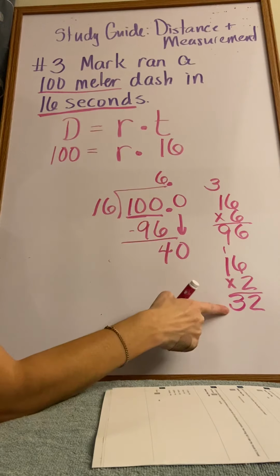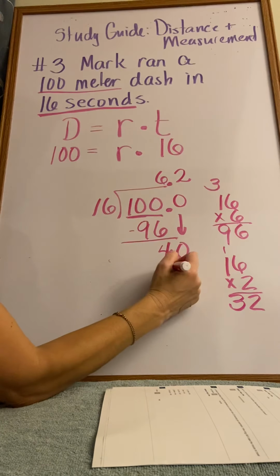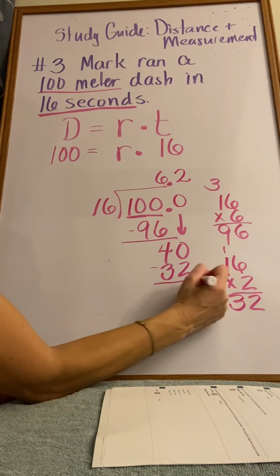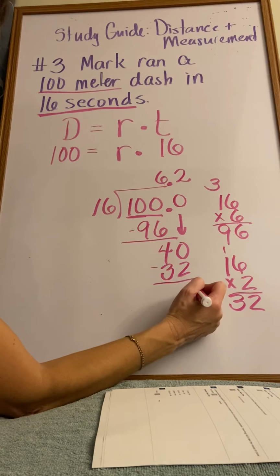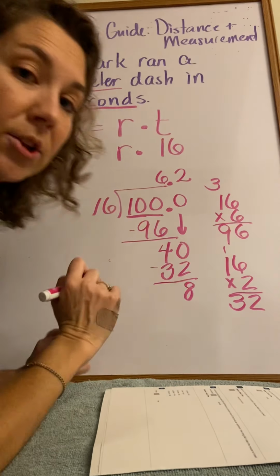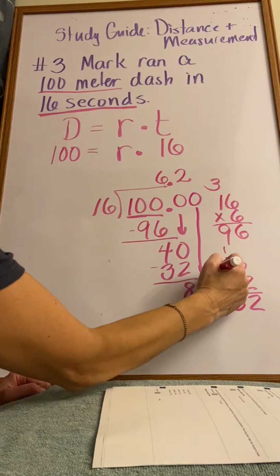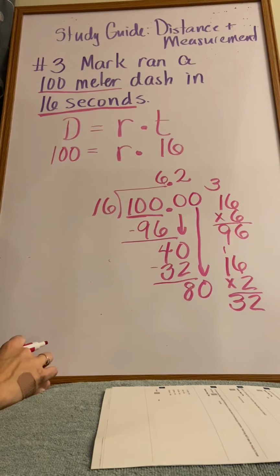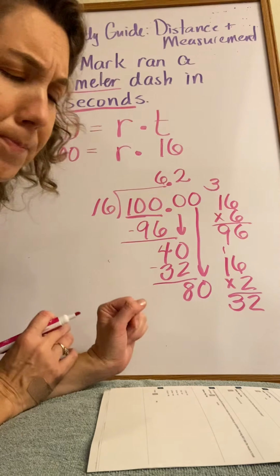So that's as close as I can get. So it'll go 2 times. 2 times 16 is 32. We got to subtract, and 40 minus 32 is 8. So I'm still not done. I got to add another 0 and slide it down. I get 80. Well, I'm going to use my past math problem.